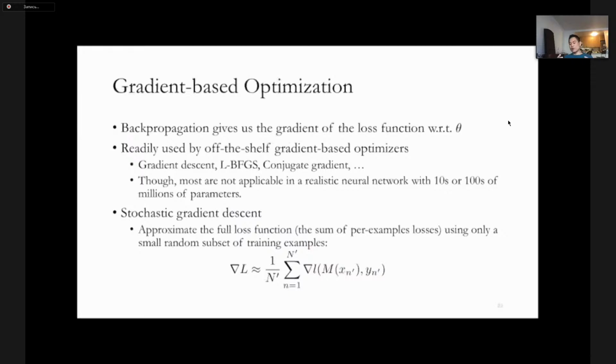However, due to the scale of the data at which we operate, we often resort to stochastic gradient descent, where we control the amount of computation done at each update by selecting only a small subset of the training data each time. That has to be done randomly. This allows us to make as many updates as we want without having to wait for each update to go through the entire data set, unlike many of the off-the-shelf algorithms that require us to do so.